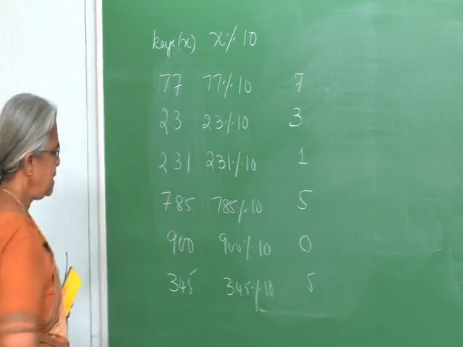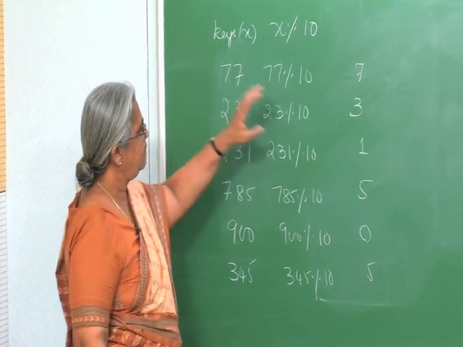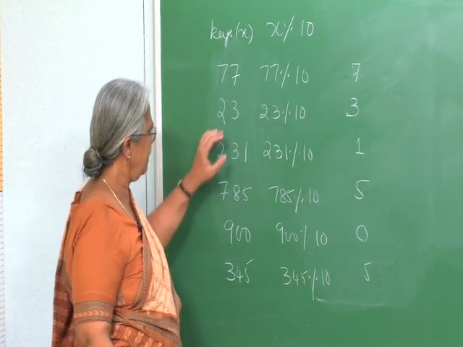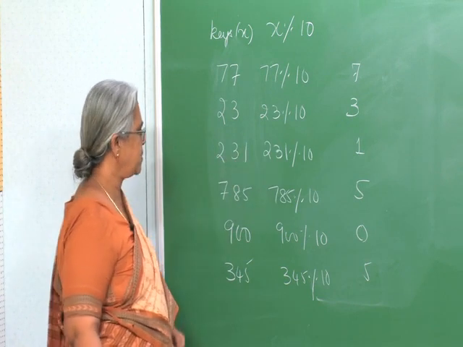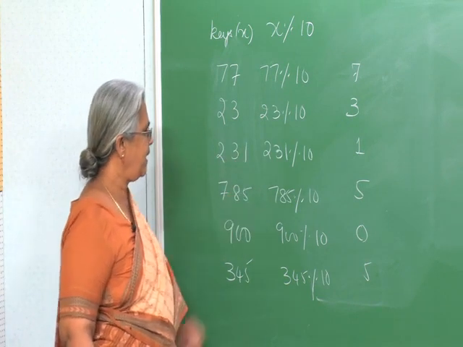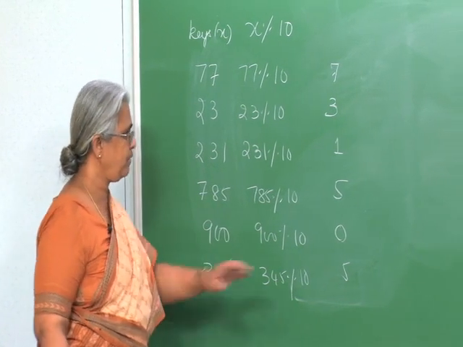So now I am stopping with this. What did we see? 77 hashes to an index of 7, 23 will hash to an index of 3, 231 will hash to an index of 1, 785 hashes to an index of 5, 900 to 0, 345 to 5.